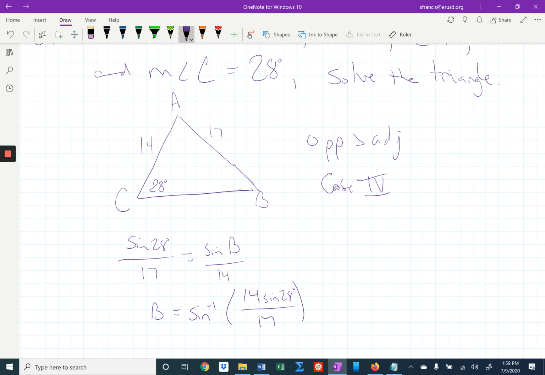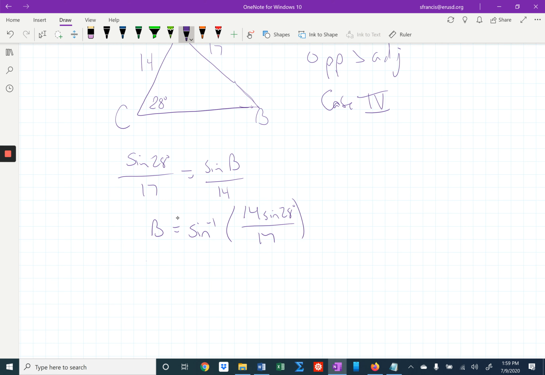And then once you have that, you'll find angle A, which is 180 minus 28 minus angle B, and you get that. And then set up another law of sines to solve for the missing side A. Just in the interest of time, I'm going to move on and do a different example, because I think you could solve that without me.